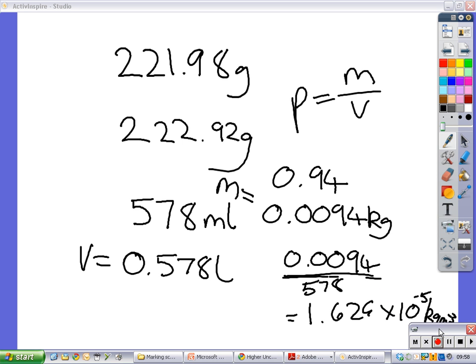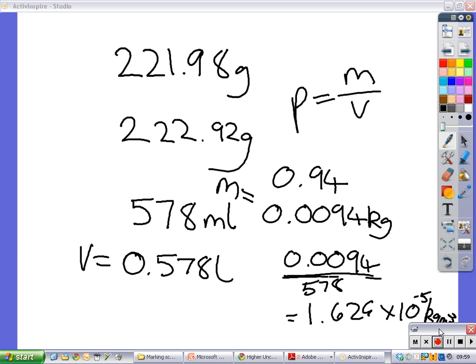Millilitres into meters cubed would be divided by... millilitres is centimetres cubed. Is it divided by 1,000? No, it's 100. 0.1 by 0.01 by 0.01. It's divided by 100.